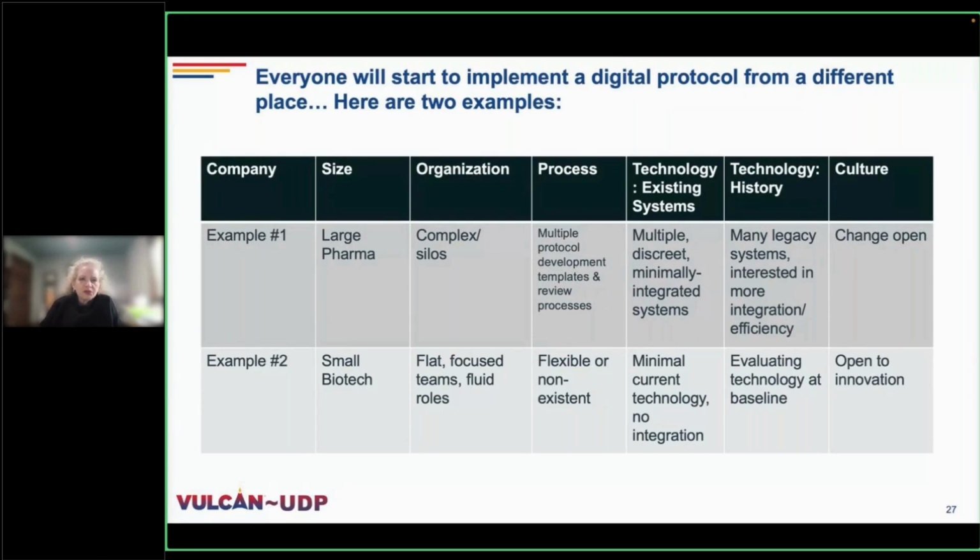So let's say, for example, there's a big pharma company. They are very complex. The work is often done in kind of functional silos, and maybe even divided up into different therapeutic areas who potentially even operate as different business units.